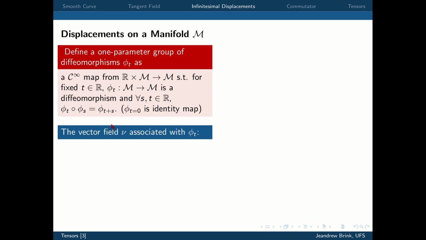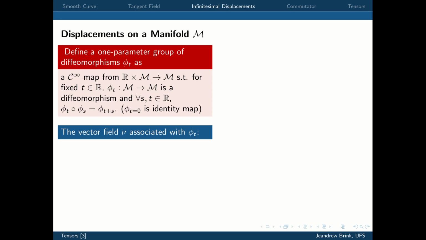Suppose you have one diffeomorphism that takes it a step t, and then you have s, but s is equal to minus t. Look, it's mapping from R, so R can be positive and negative. If s is equal to minus t, then what you're going to basically do is you're first going to go there, and then, so that's s, okay.